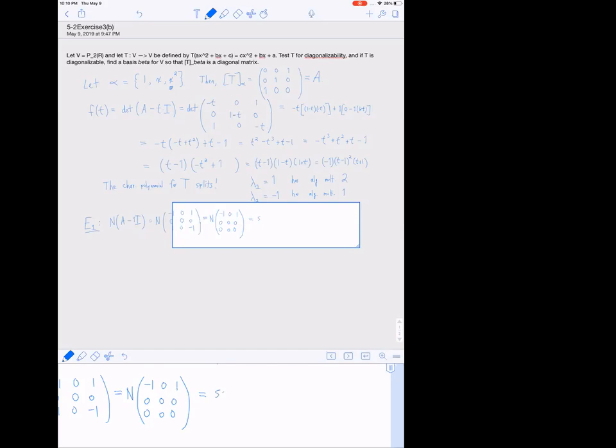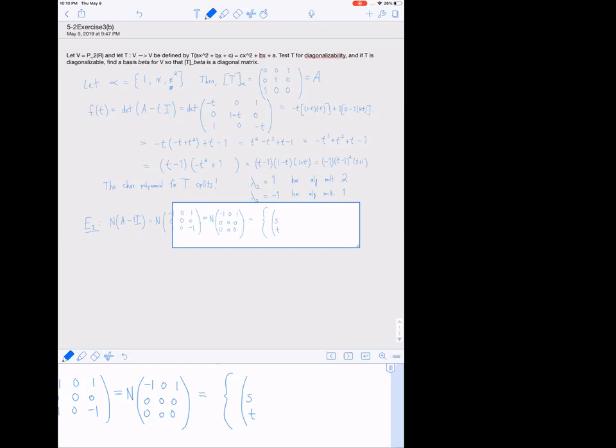So I could write this entire null space as the span of, actually, before I write it as a span, let me write it this way. This should be the set of all vectors of the form, as we said, z could be whatever we want it to be, so maybe I'll call it t as a free variable. Y could be whatever we want it to be, so I'll call it s as a free variable.